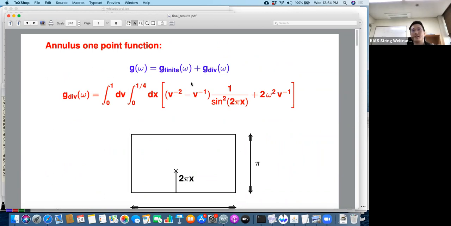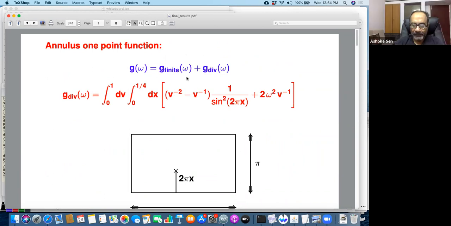So this G finite has to be calculated, and that was done numerically. So this is the BRY result. If somehow that numerical analysis has some bug which puts in a minus half, that would explain it. But it seems unlikely that it's exactly a minus half that went into the numerical analysis.